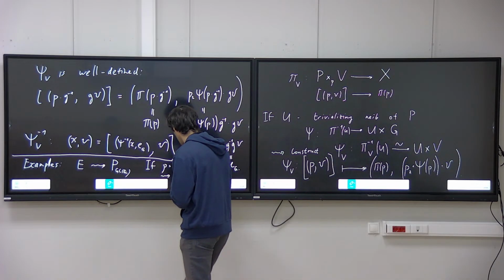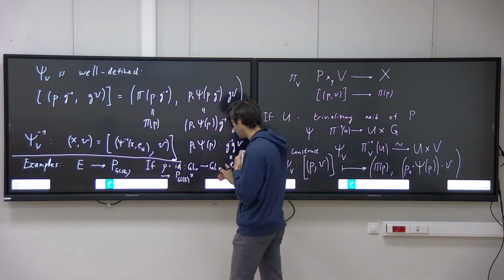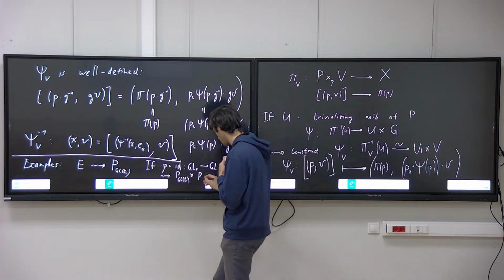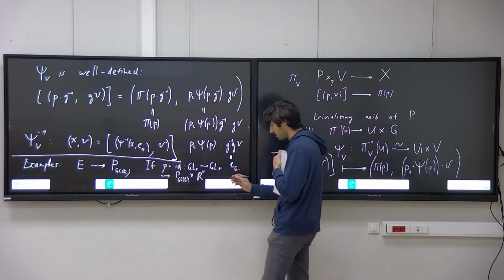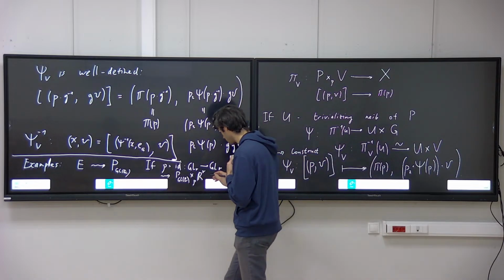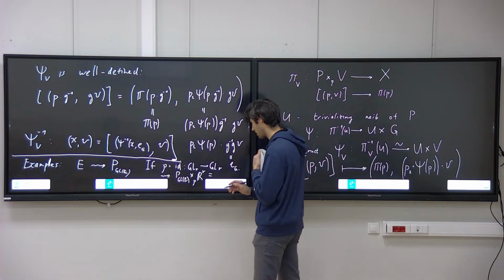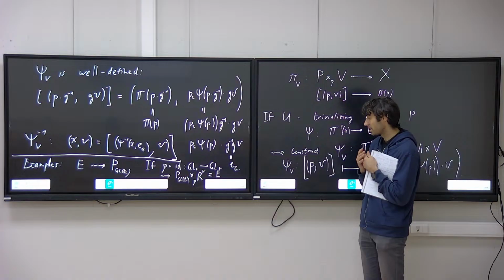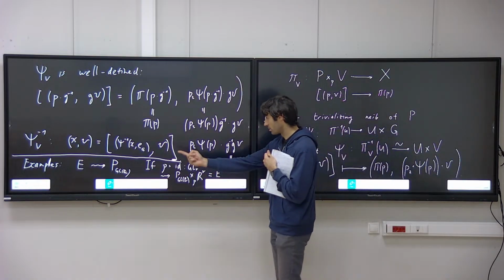Then P times_GL_R V, where V in this case is just R^r, overall is just E itself. So this is how you can go back to E.